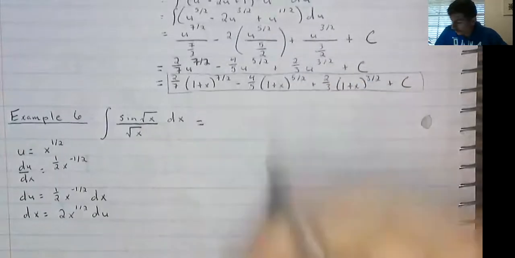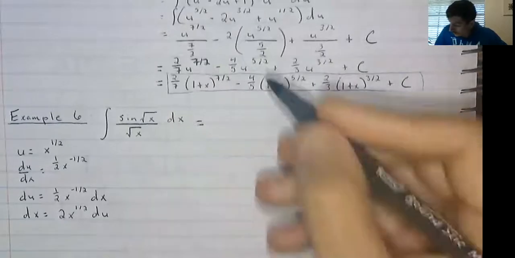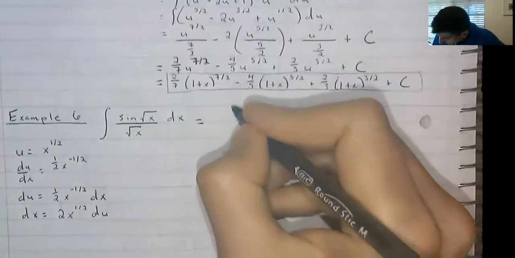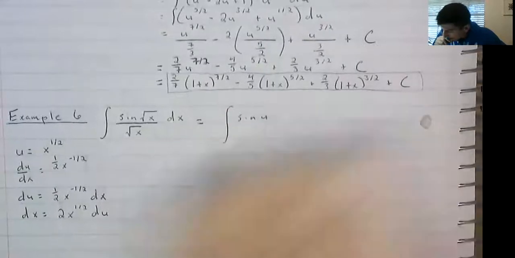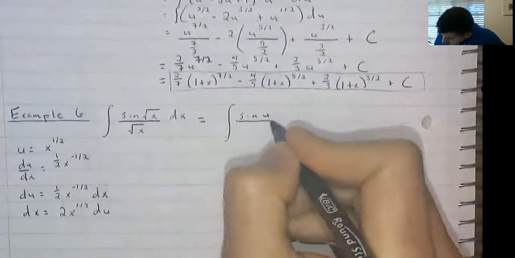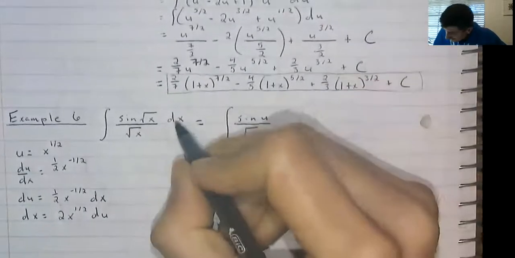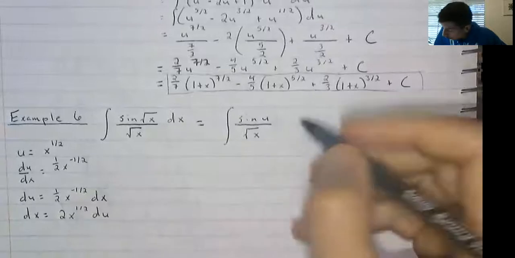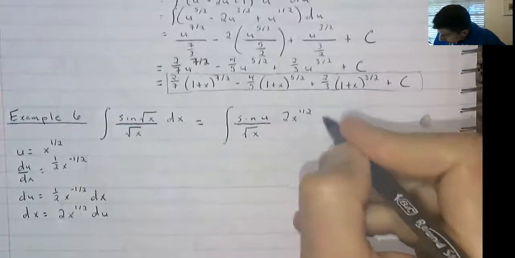Okay, and so doing our u sub and subbing out for dx, we end up with the sine of u over the square root of x. dx is twice x to the 1/2 du.